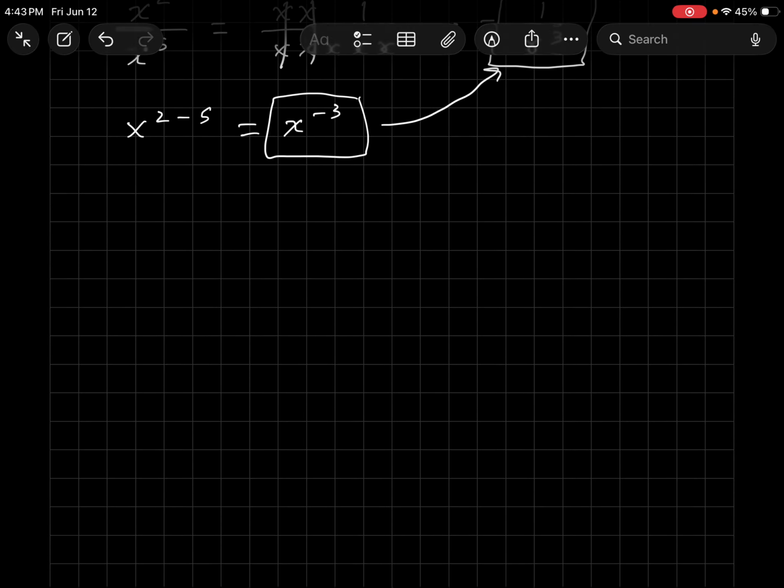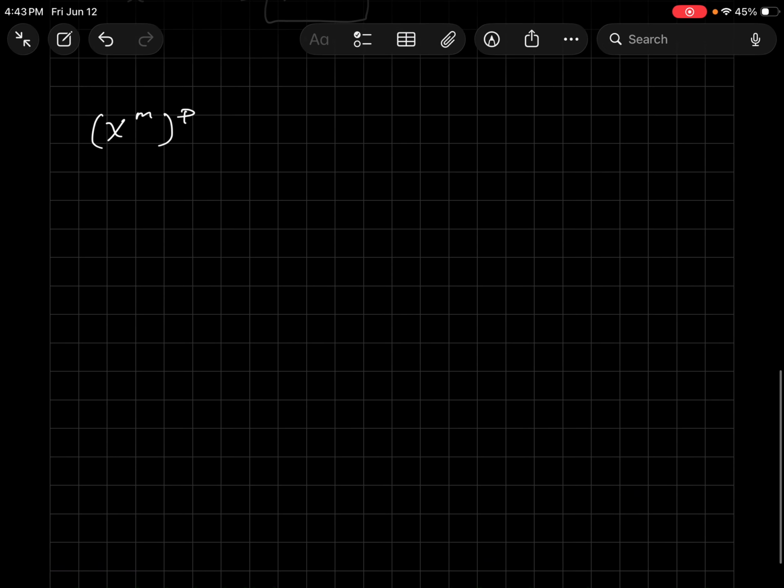Let's take a look at another property. Let's do x to the m, to the, I'll call it p this time, to the p power. So a power to a power. What is the shortcut for this? I will do this one again through example. What if we have x squared all cubed? Okay, well, x squared means x times x.